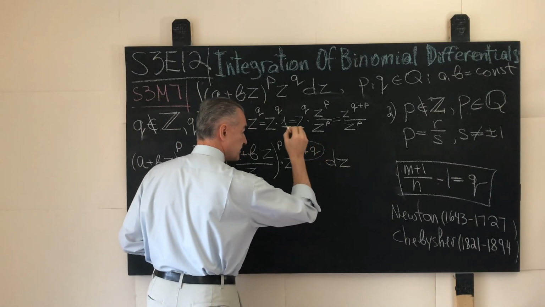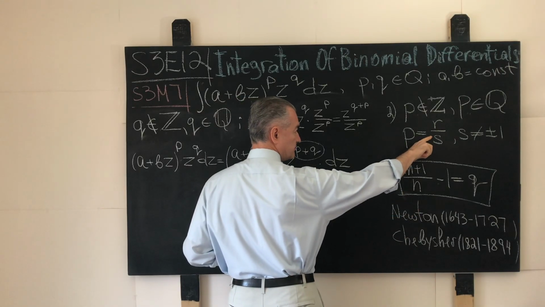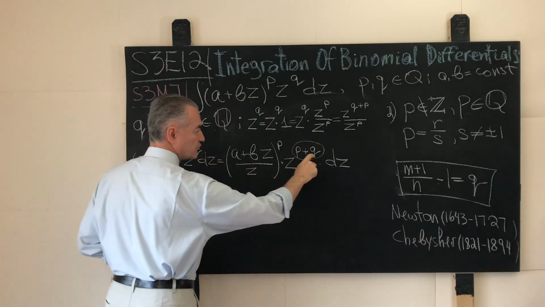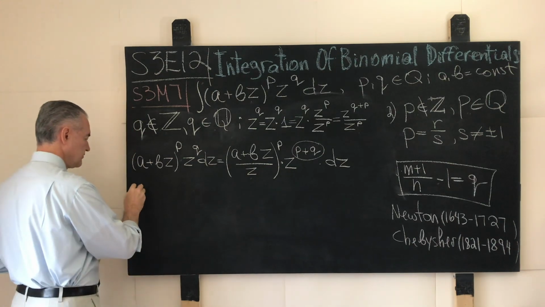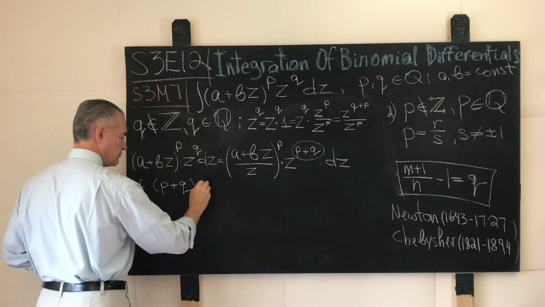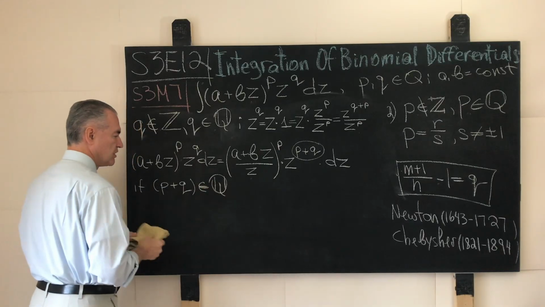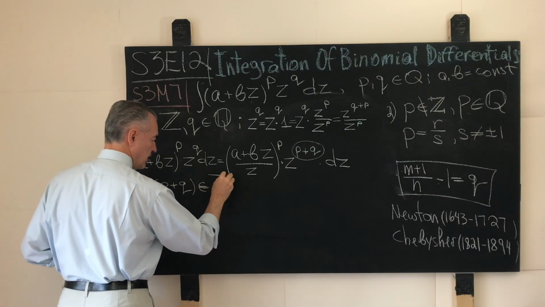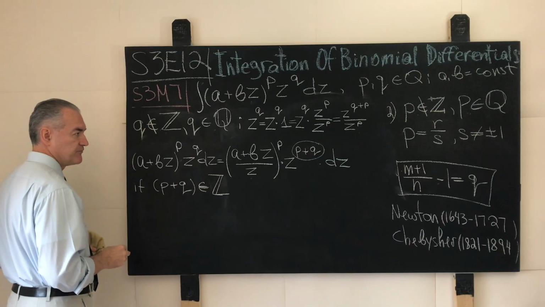If this number, which again, remember, p is rational, genuinely rational. Now q is rational, so if the sum of two rational numbers comes out to be an integer, so if p plus q comes out to be a whole number, then what will happen?